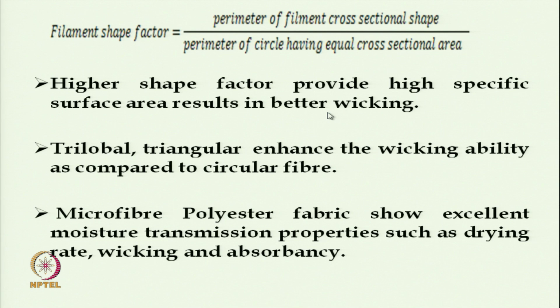So, higher shape factor provides higher specific surface area, which results in better wicking. Trilobal and triangular enhance the wicking ability as compared to circular, due to the higher shape factor.